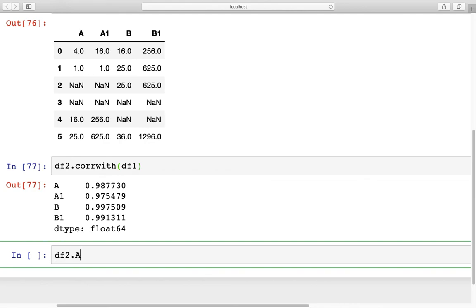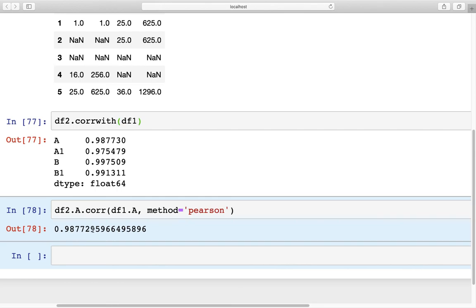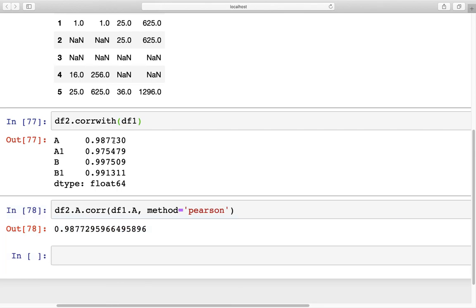So df2.A, that's column A from the df2 data frame, .corr(df1.A), and method equal to pearson. When we run this, we do see that we have the same output, 0.98772, which is rounded off to what we see up above.